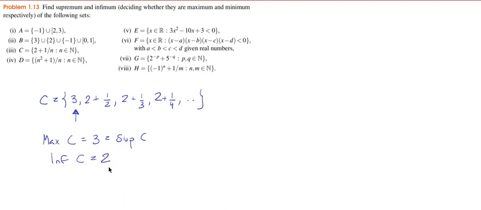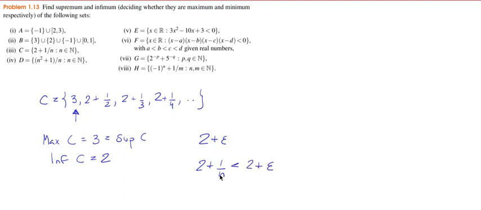That's the greatest of the lower bounds of C, and there's no greater number than 2 that is a lower bound. If you take 2 plus some epsilon, you can always find some n such that 2 plus 1/n is smaller than 2 plus epsilon.